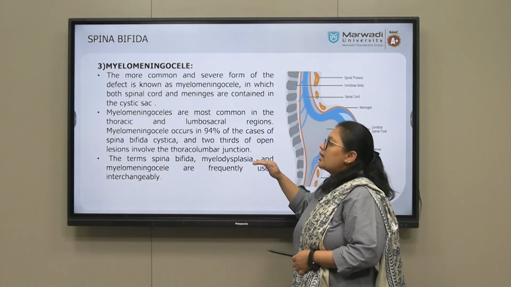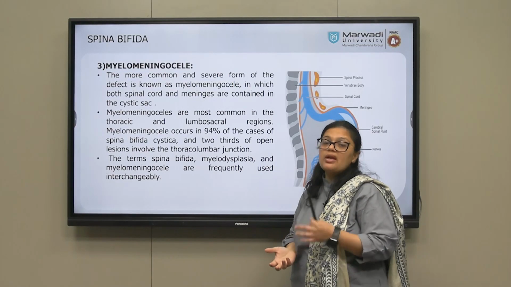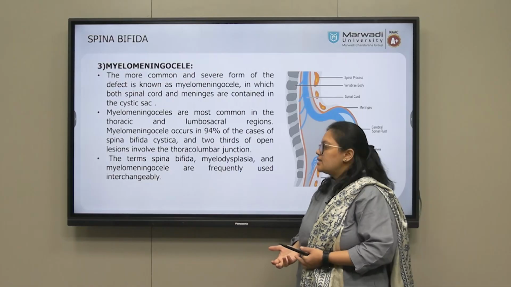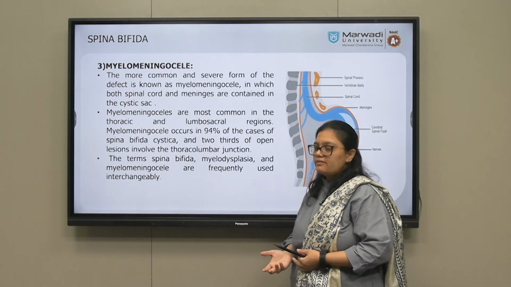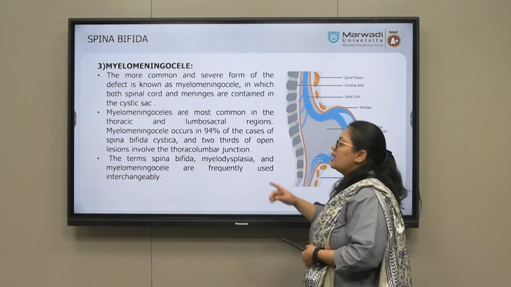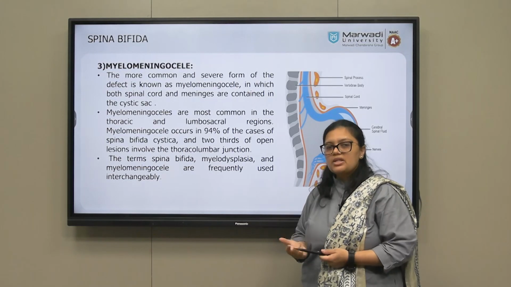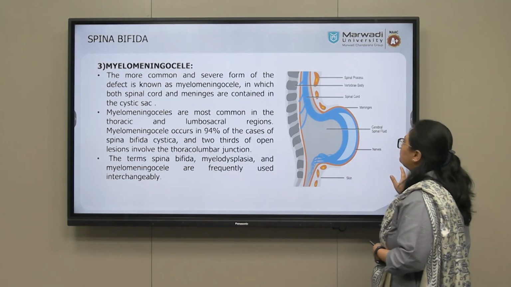So if you are talking to some medical persons, when you are going to see the patients, or when you are meeting some doctors, and if the doctors tell you about myelodysplasia, then you should not be confused. Spina bifida, myelodysplasia or meningeocele, they are the common terms which can be interchanged, right?